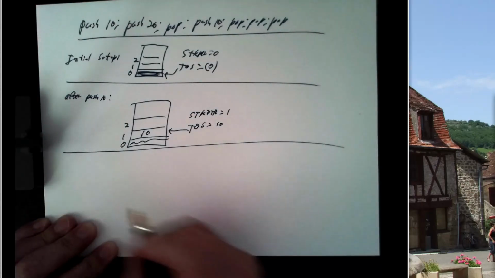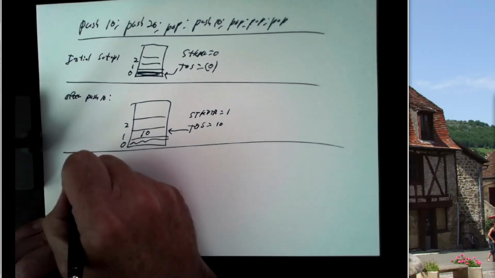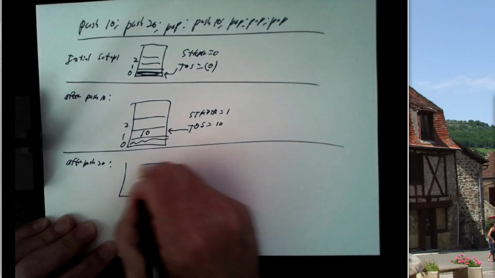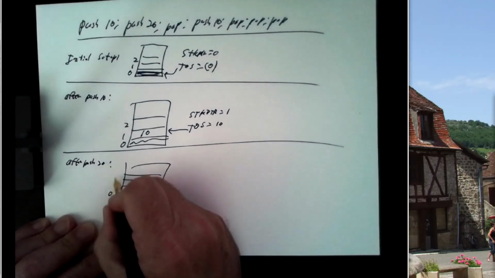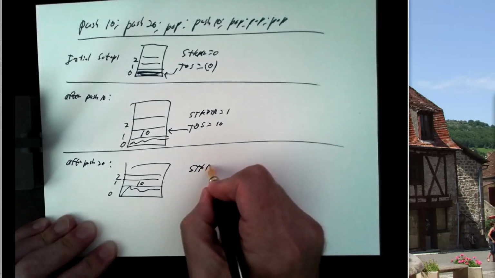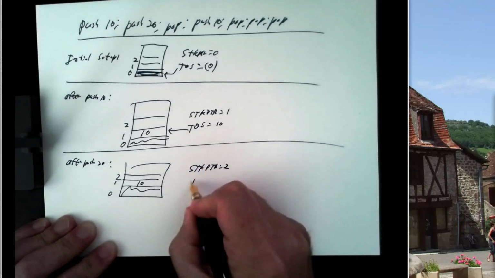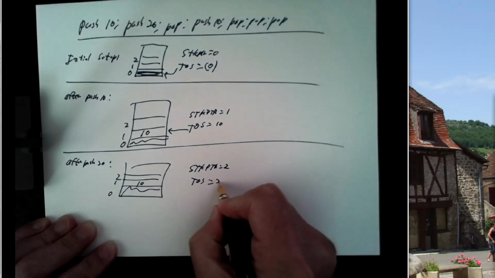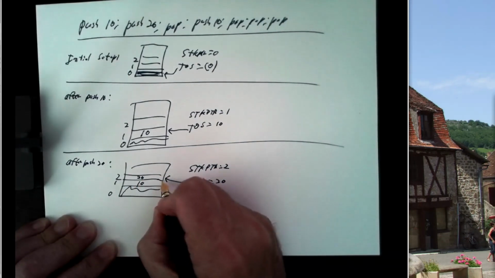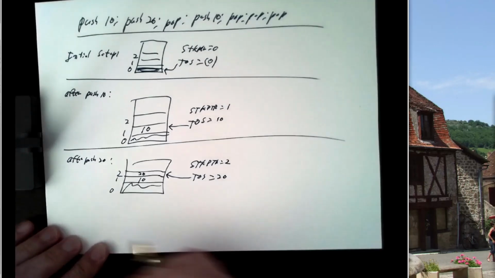And then we could add a third copy and say after push 20, and show our stack again. Here's our 10. This time our stack pointer is going to be 2. Top of stack's going to be equal to the thing that we pushed at location 2, and there's where top of stack is.